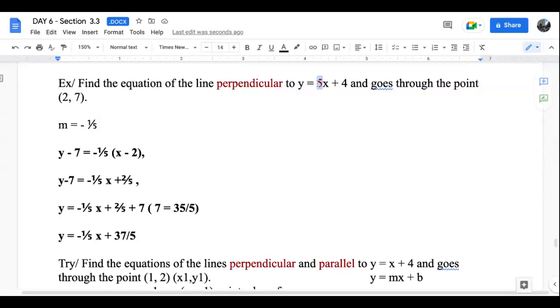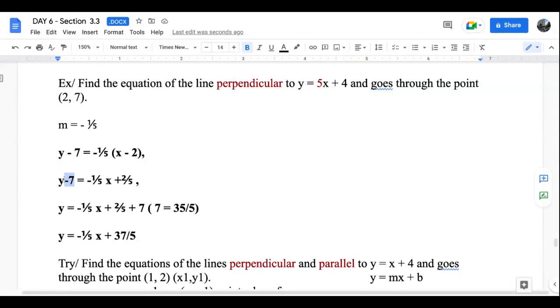Opposite means negative, and the inverse, or reciprocal, of 5 over 1 is 1 over 5. So the slope equals negative 1 over 5. Then we plug in the point using the point-slope formula: y minus 7 equals negative 1 over 5 times x minus 2.